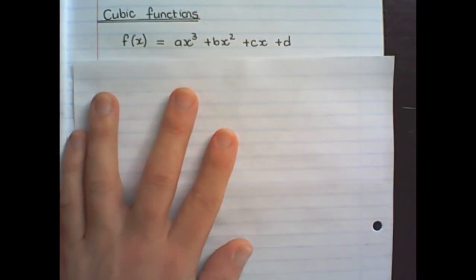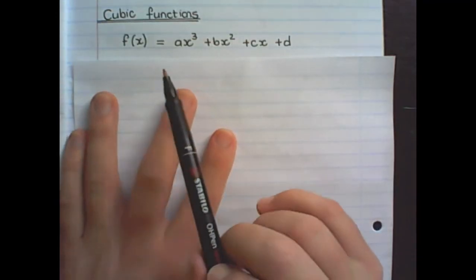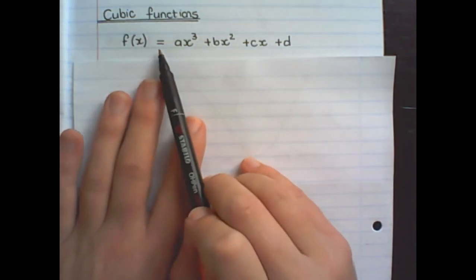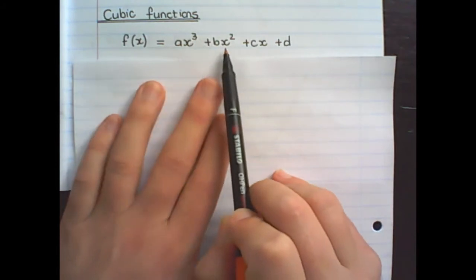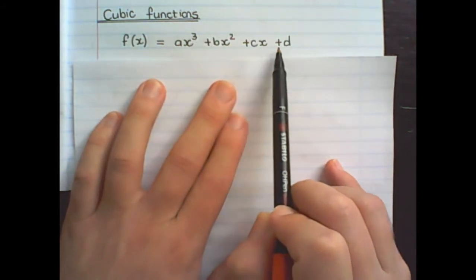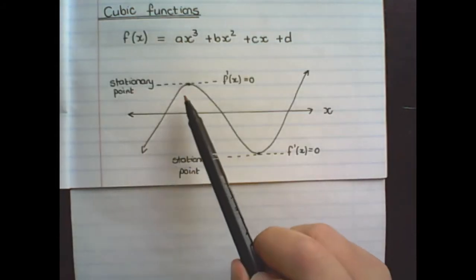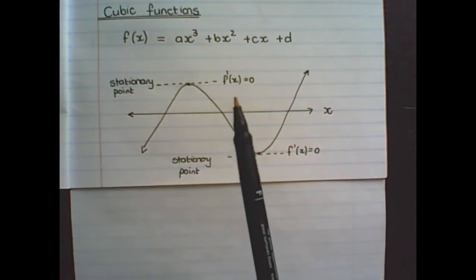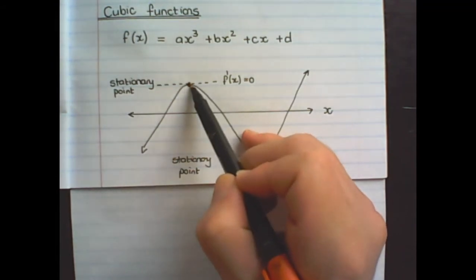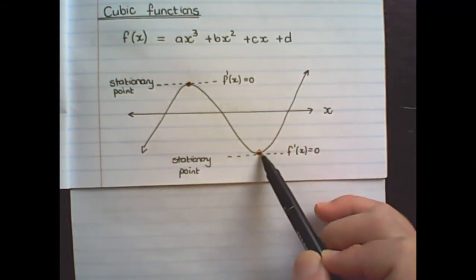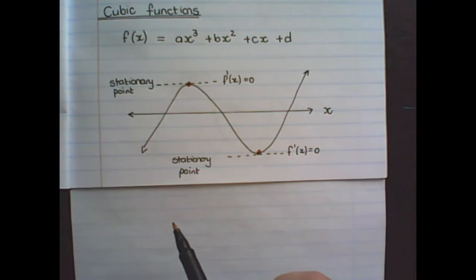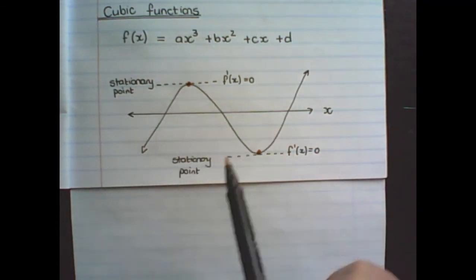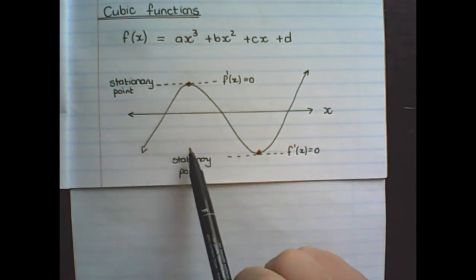So let us move on to cubic functions. The standard formula for a cubic function is f(x) = ax³ + bx² + cx + d. Here I've drawn a possible cubic function. And what we need to learn is that this cubic function has two turning points. We are no longer going to refer to turning points, but rather call them stationary points.